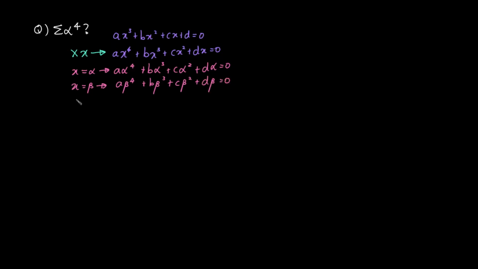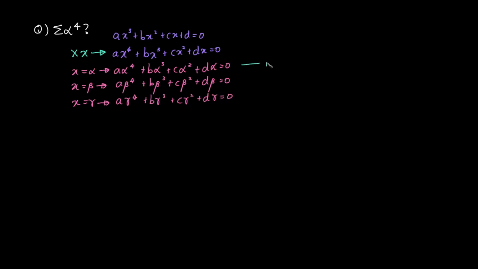And so you can do the same for x is equal to gamma: a times gamma to the power of 4 plus b times gamma cubed plus c times gamma squared plus d times gamma is also equal to 0.